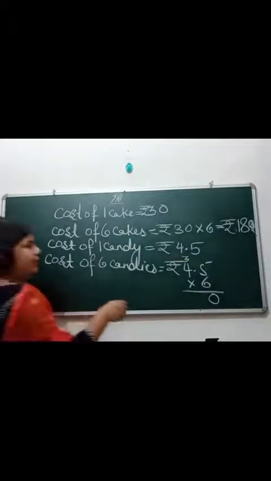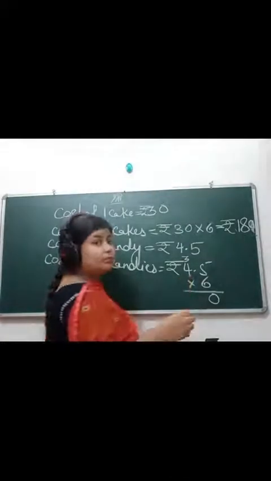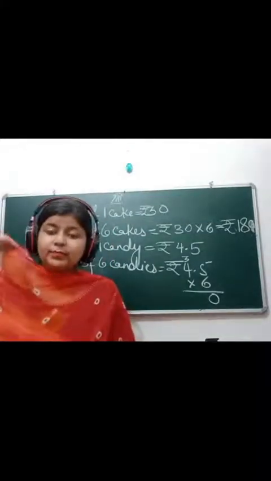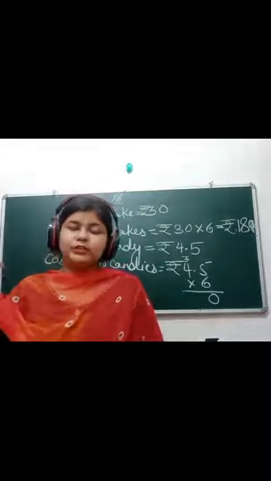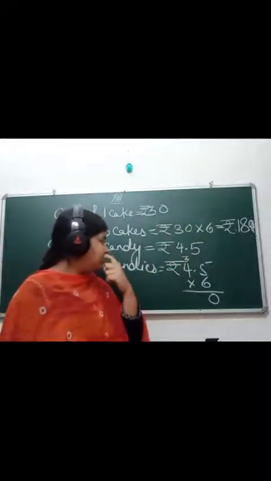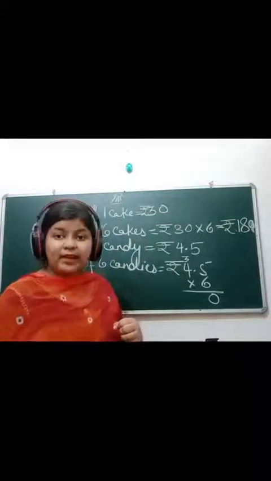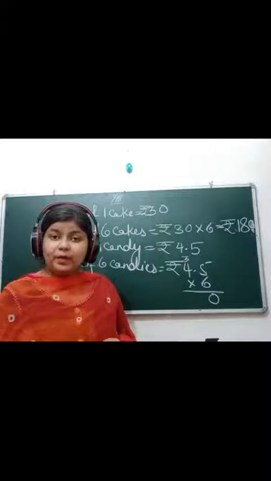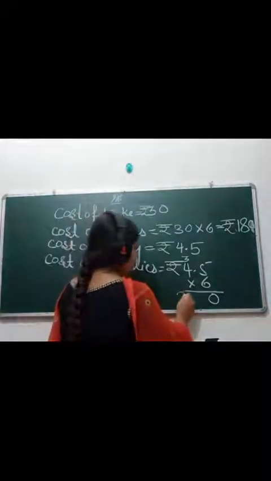Now here we are having 6 4s are 24, and 24 plus 3 will cost us 27.